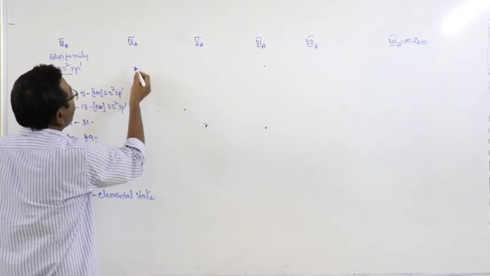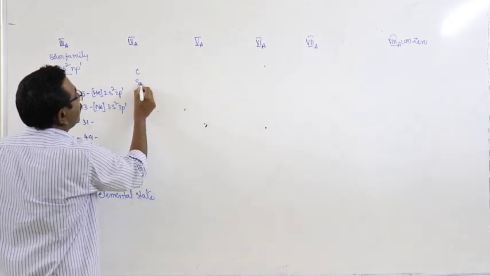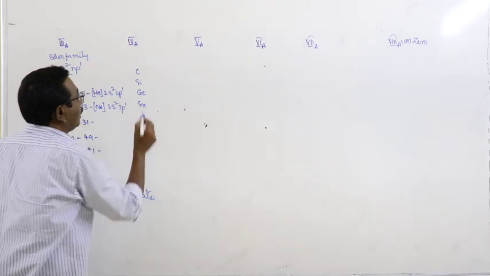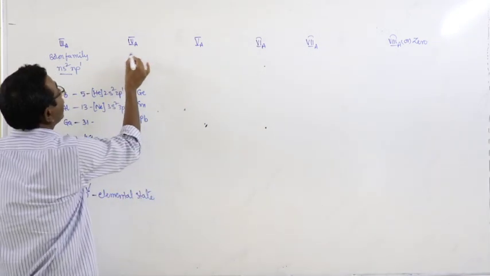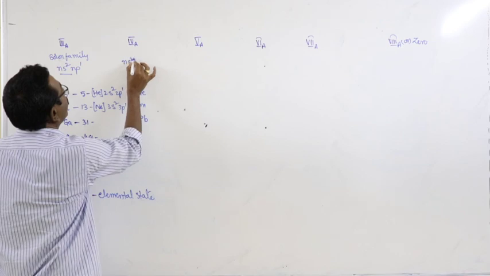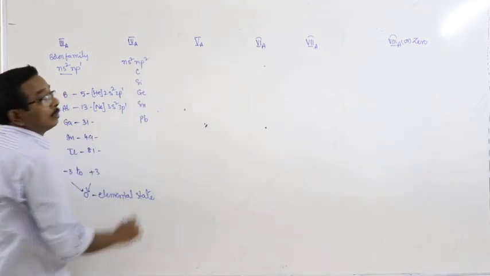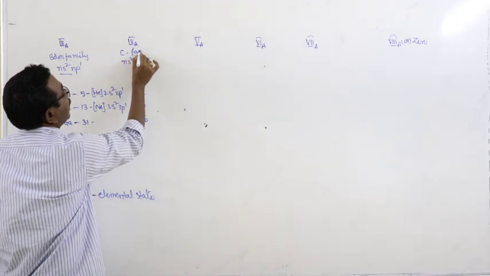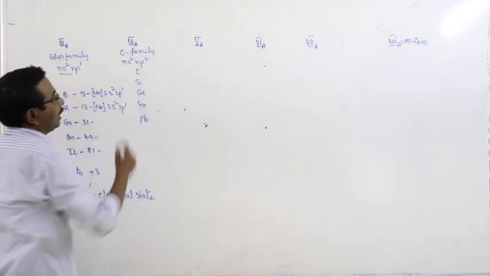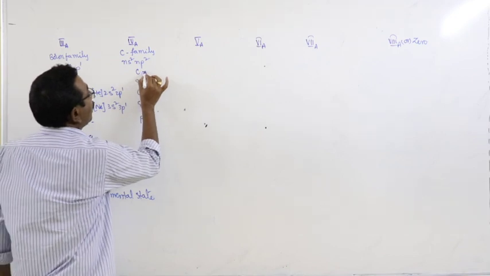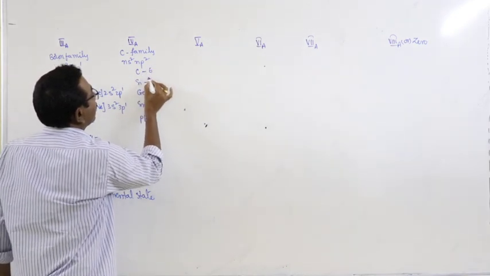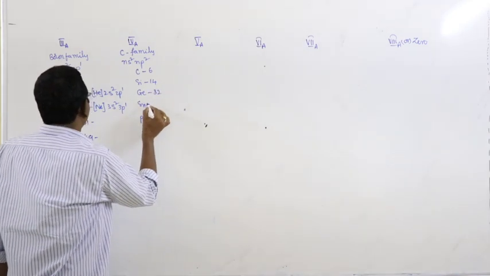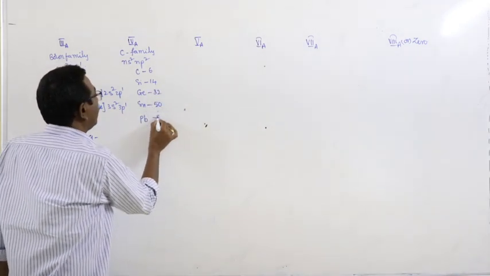And what about the fourth group? Carbon, silicon, germanium, tin and lead. General electronic configuration ns2 np2. And this is also known as the carbon family. Carbon atomic number 6, silicon 14, germanium 32, tin 50, lead 82.